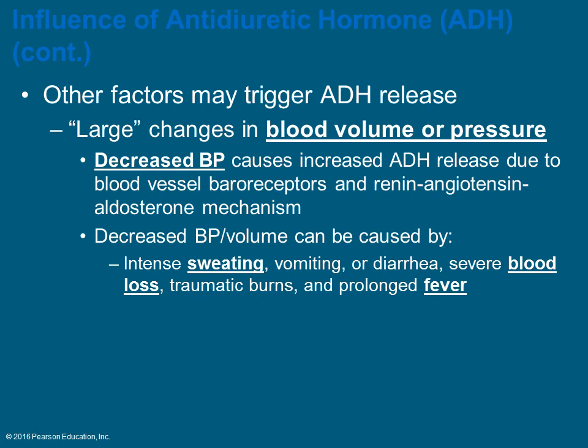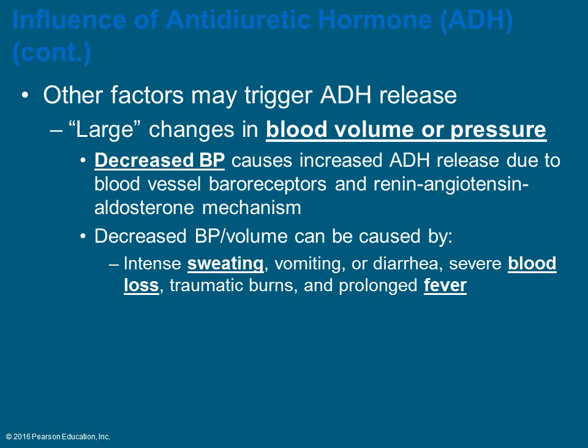Now, why do you have a decrease in blood volume? It can be caused by several different things. Maybe you have a lot of sweating. Maybe you're vomiting or have diarrhea. Maybe there's been an injury and there's significant blood loss, or a prolonged fever. All these various things can cause a decrease in blood pressure and blood volume. And remember, blood volume, you want to keep that fairly constant.